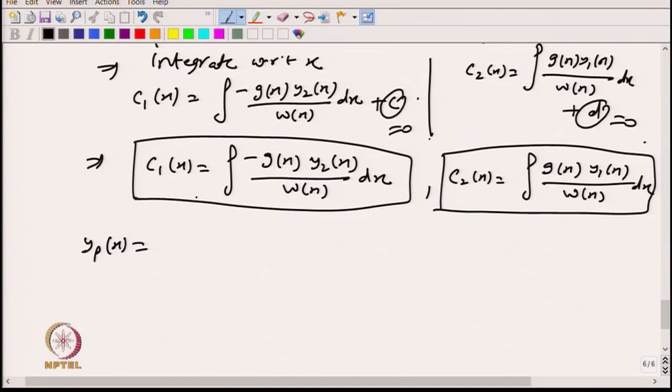So, this is my C1(x), and now I am writing it in terms of x, taking the variable as t.